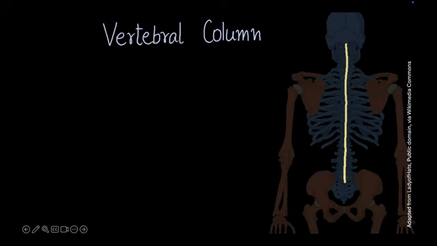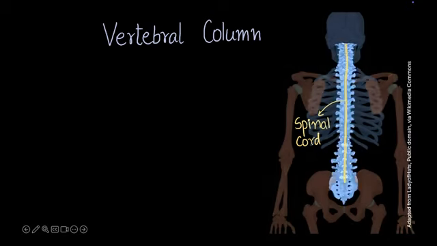If it gets damaged, one can get paralyzed. It's that bad. So this spinal cord is where the wires, which are actually nerves, are present. This is enclosed by a set of bones that protect it. And that set of bones is the vertebral column.